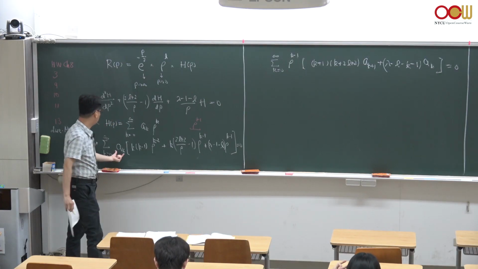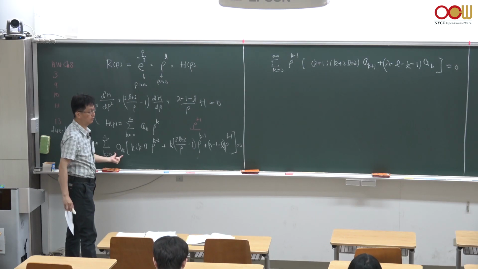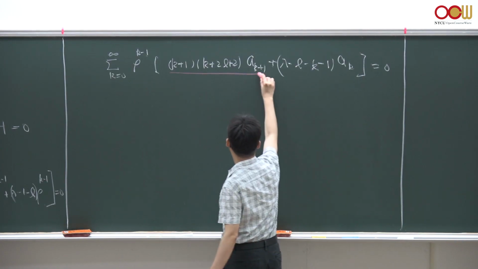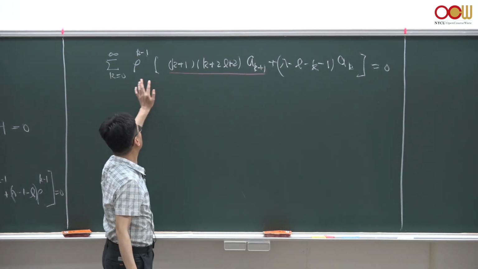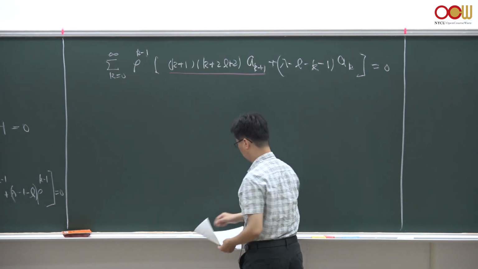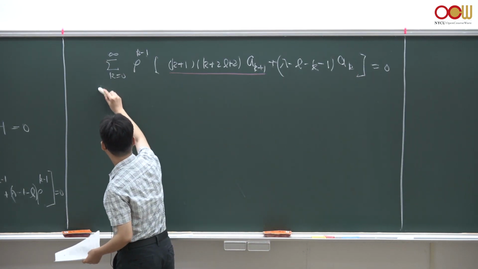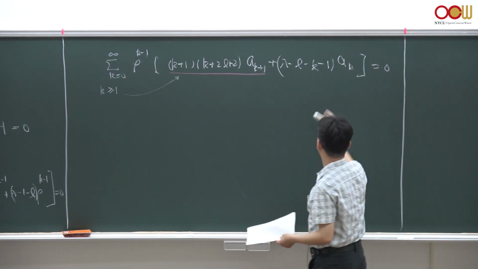And the coefficient also shifts by 1, so a of k becomes a of k plus 1. So that's how you get this term. Of course, k cannot be 0 in this way because you get this meaningless term. But for k greater than or equal to 1, this relation holds.